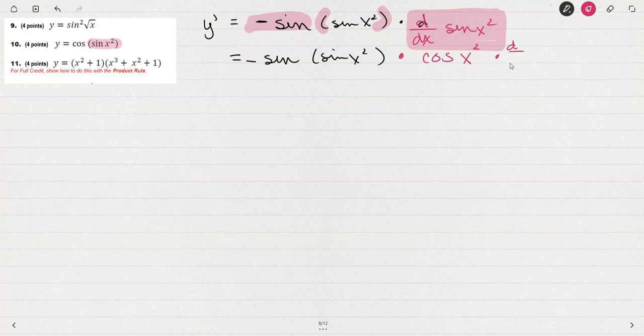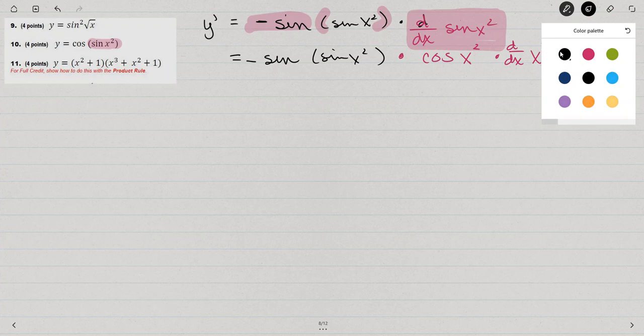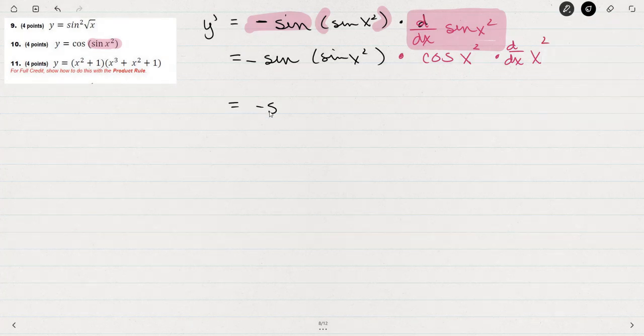But then I've got to do times the derivative of x squared. So putting this all together, we get the opposite of sine x squared times the cosine of x squared times 2x.